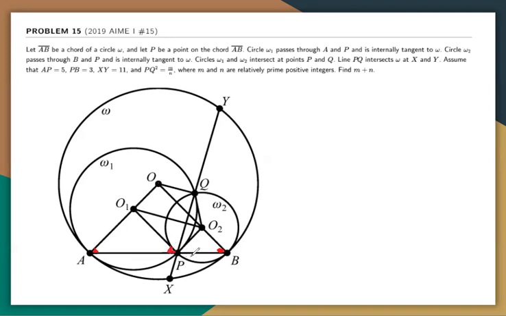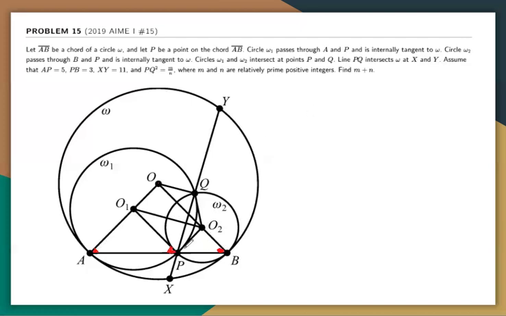That tells us OB and O1P are parallel, because these are corresponding angles. That forces this angle to be the same as this one, which we can easily see because these two are the same as these two. So O and O1 has to be the third angle of those two triangles, so that needs to be the same angle.